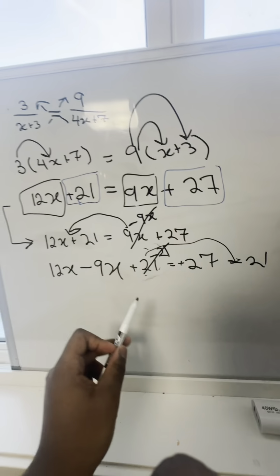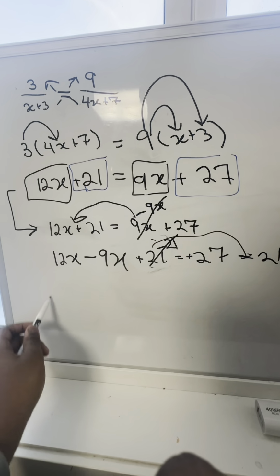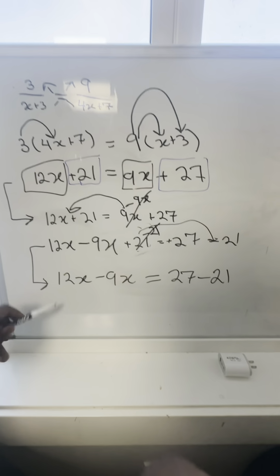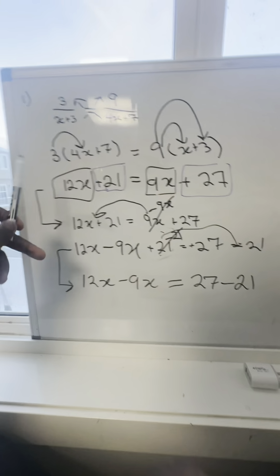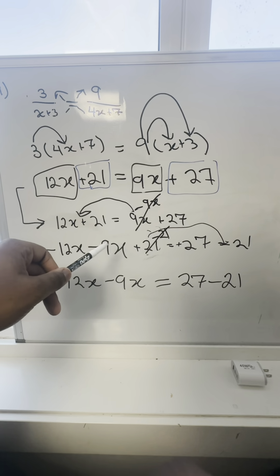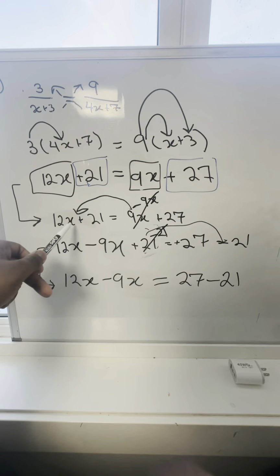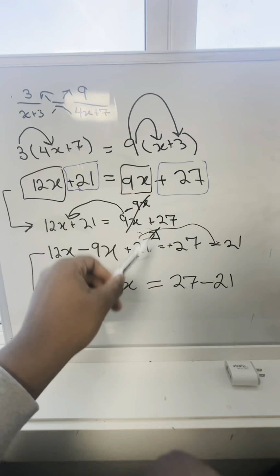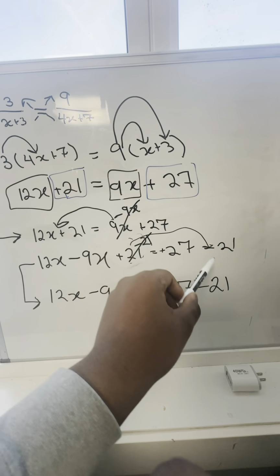I'm just going to rewrite everything under this so you kind of understand it. Okay, this is what we have now. We subtracted the 9x from this side to move it here, and then we have the 21 still on this side. We subtracted the 21, and then we moved it to this side.